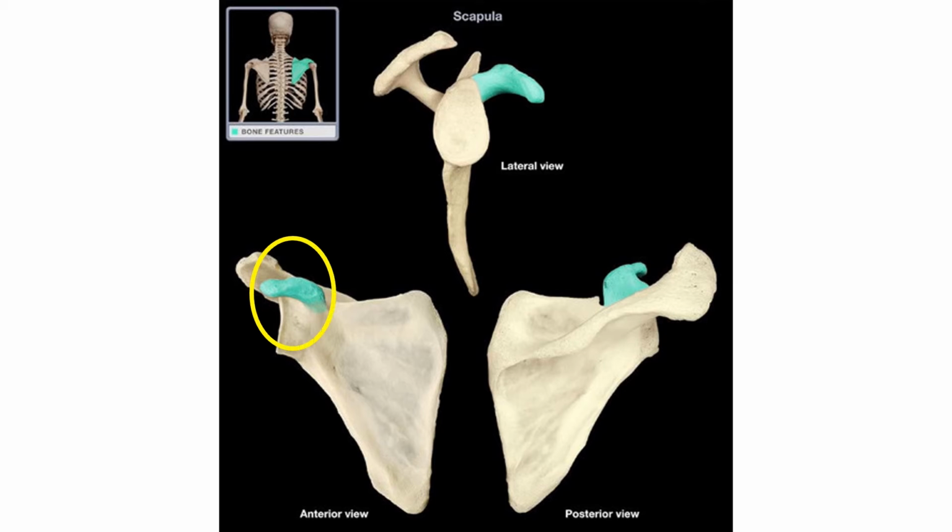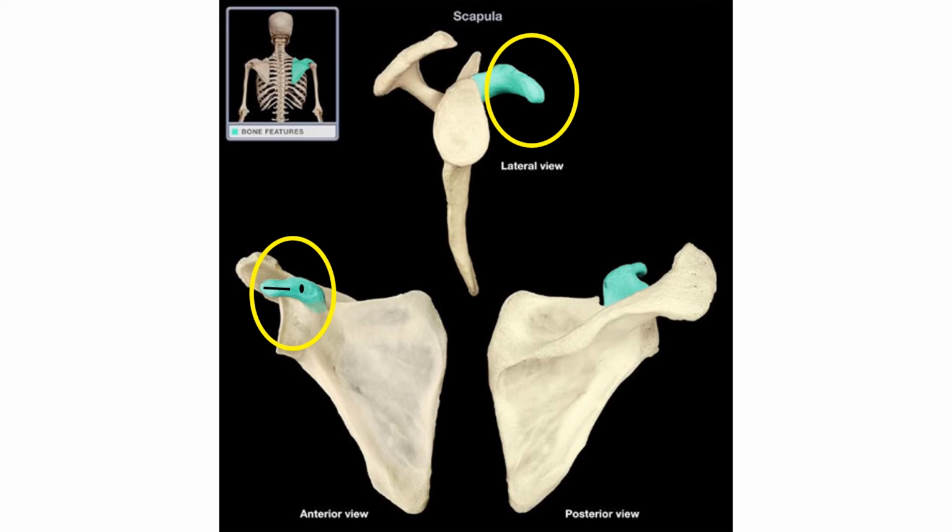This green process is emerging from the anterior part of the superior border and the superior angle, and it is curved. If we put an eye into it and a line, it becomes the head of a bird, and it is called the coracoid process.